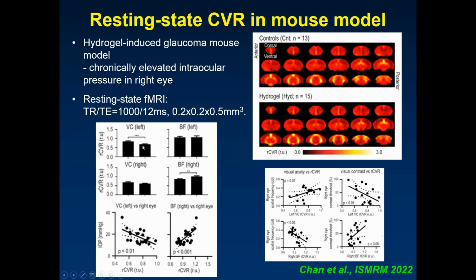Similar to the human study, they found a significant difference in relative CVR in the visual cortex and in the basal forebrain. And this relative CVR in the visual cortex is significantly correlated with their intraocular pressure. They further showed that the relative CVR in the visual cortex and in the basal forebrain are also correlated with the visual function measured by visual acuity and visual contrast in those animals.